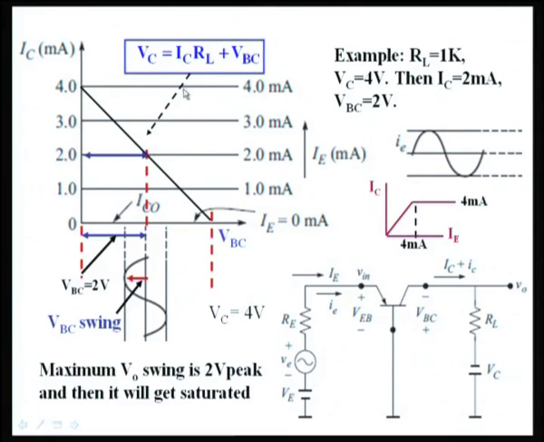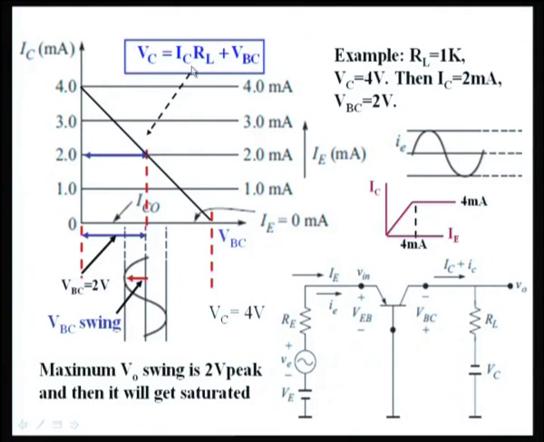So, you can see this is the equation of a straight line, I C versus V C, if I plot. When I C is equal to 0, V C is equal to V BC, which is on the x axis, equal to 4 volts. When V BC is equal to 0, if I keep on increasing the current, supposing it is 2 milliamperes, 2 volts drop, 3 milliamperes, 3 volts drop, 4 milliamperes, 4 volts drop, applied voltage is 4 volts, so V BC will be equal to 0.